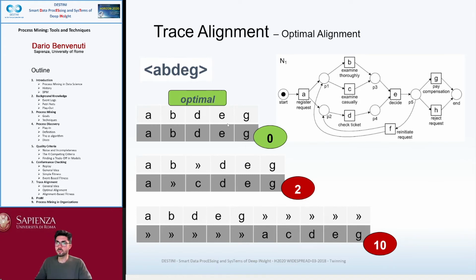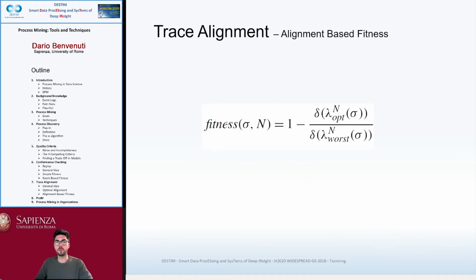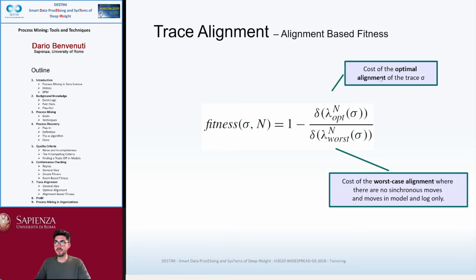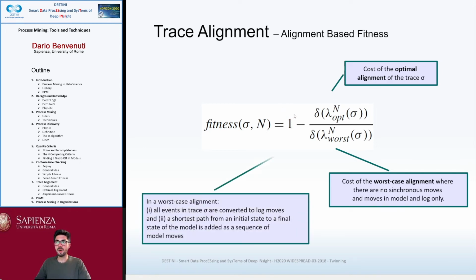There is no deviation. So from this concept, we can derive a definition for a fitness function, which you can see here is basically the cost of the optimal alignment of the trace divided by the cost of the worst case alignment. So we have 1 minus this number.